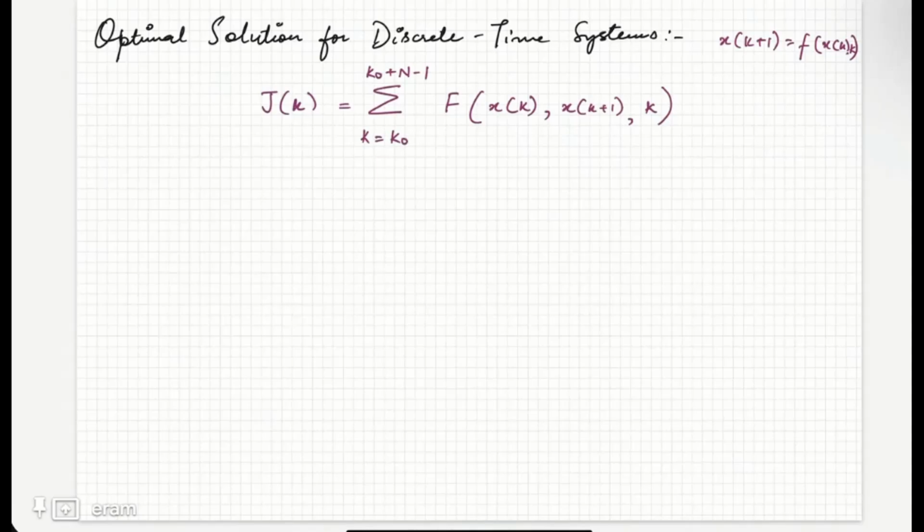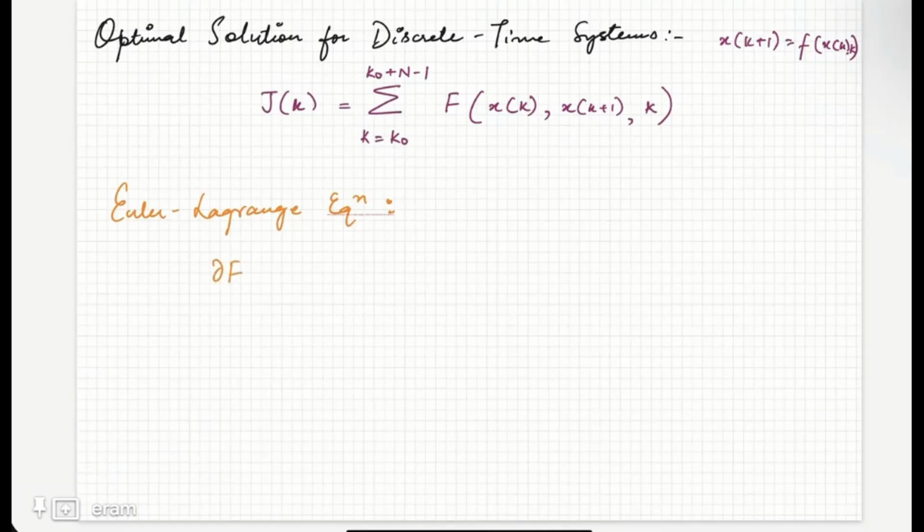So for discrete time systems, the Euler-Lagrange equation is given as, so this we need to carefully write.